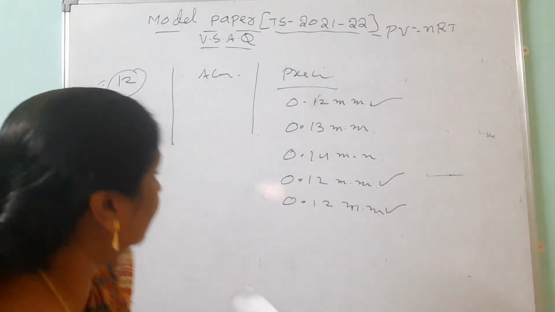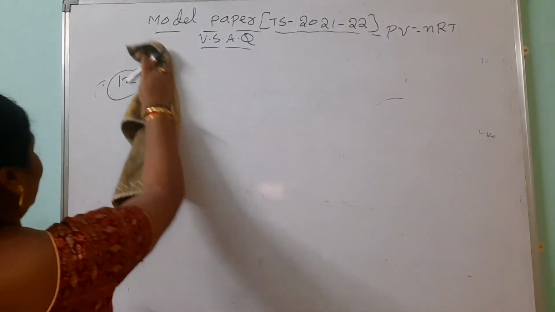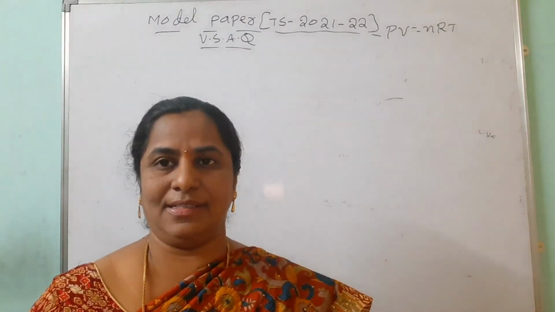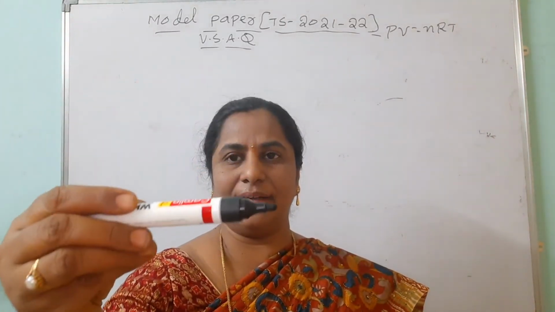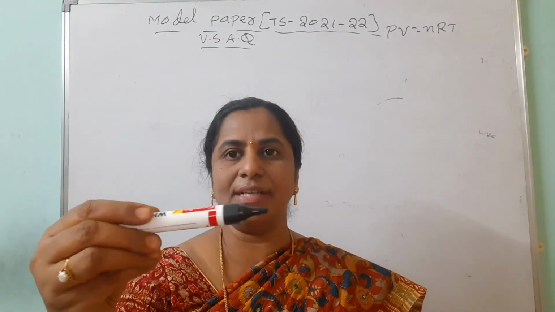Then once again I am saying what is accuracy and what is precision. The value which is nearer to the true value is called the accuracy. Suppose this marker diameter is 4.1 centimeters.